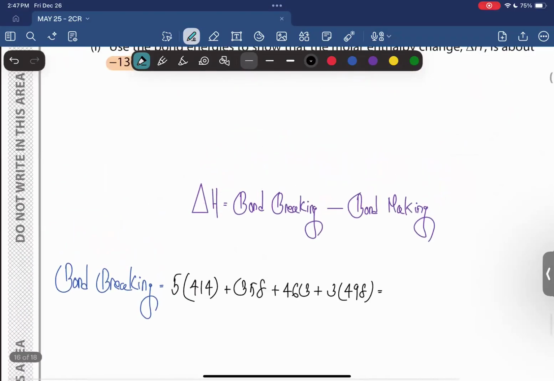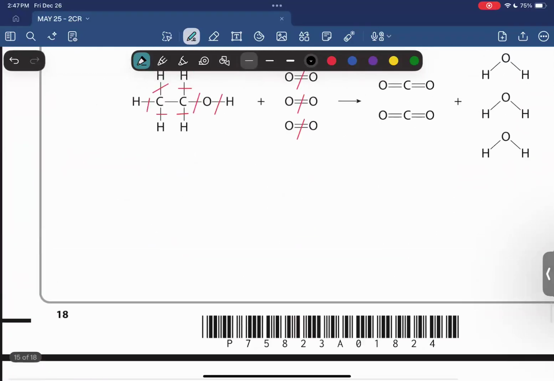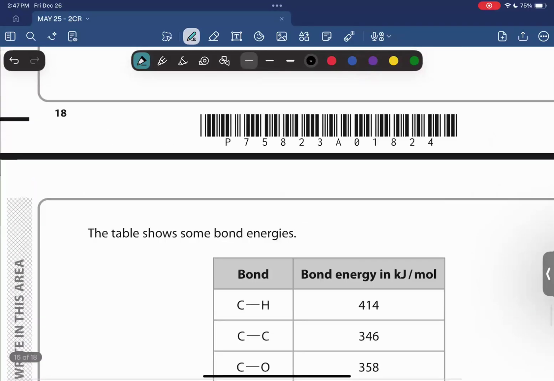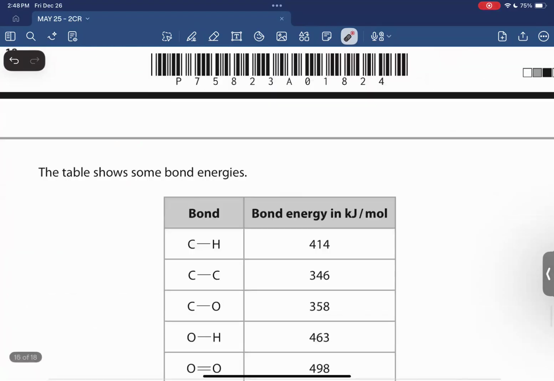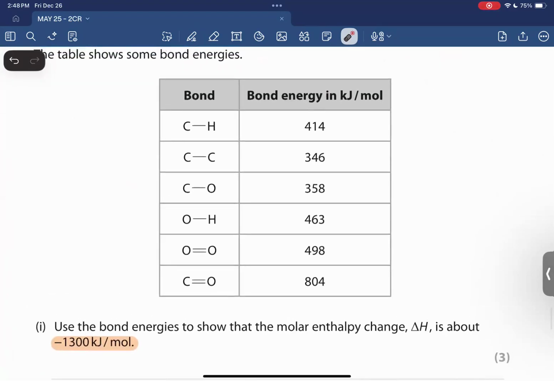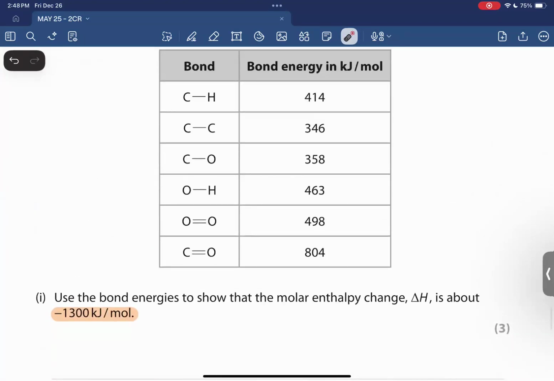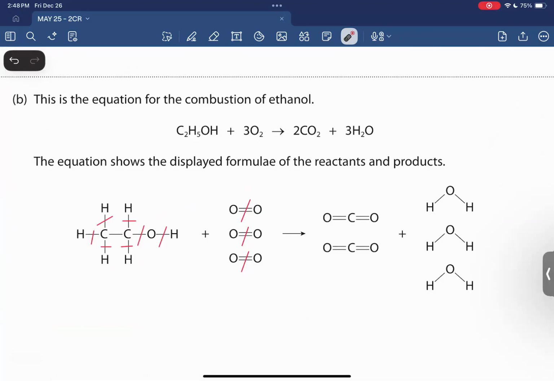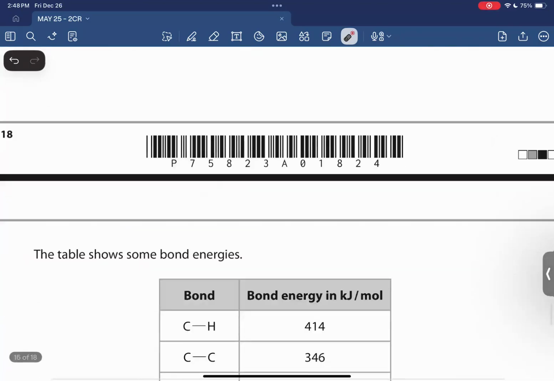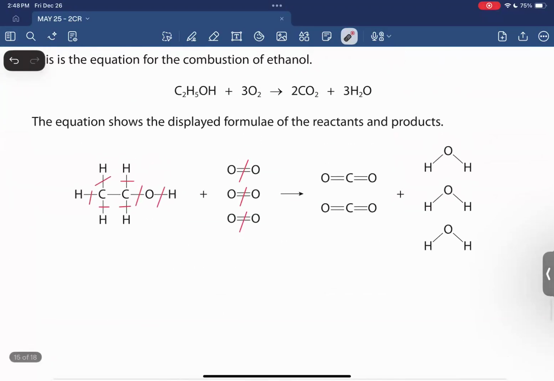C-H is 414, 1, 2, 3, 4, 5, so 5 times 414, plus C-O is 358, plus O-H which is 463, plus the oxygen double bond, and there are 3 bonds.